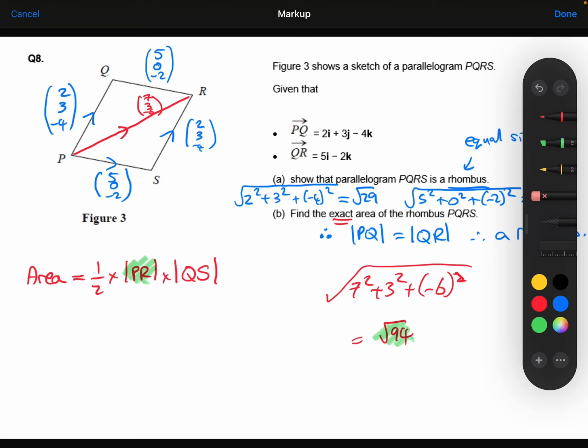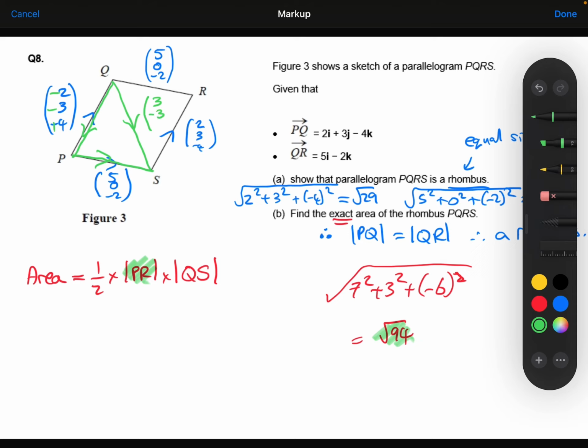Now let's work out QS. Well, QS will be the same as Q to P, which is the opposite direction. So that's going to be (-2, -3, 4), plus P to S. So we're going to have (-2, -3, 4) plus (5, 0, -2). -2 plus the 5 is 3. -3 plus the 0 is -3.